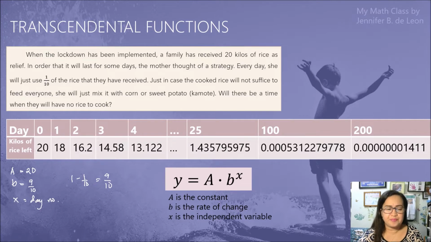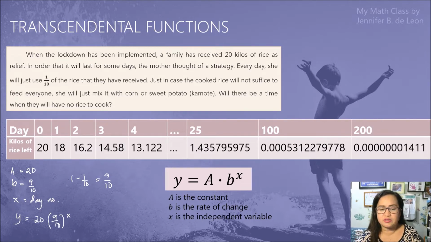So given this, we would be able to form an equation, or a function, that will represent the kilos of rice left. So y, as the number of kilos of rice left, equals 20 times the quantity 9 over 10 raised to the x power. What if we would like to get the number of kilos of rice left on the 5th day?